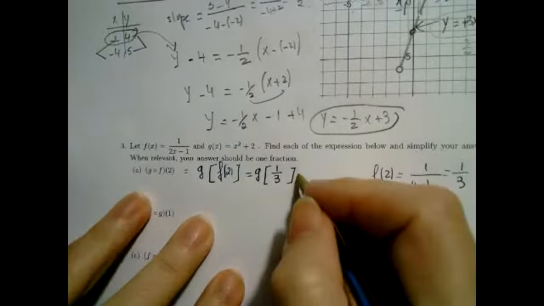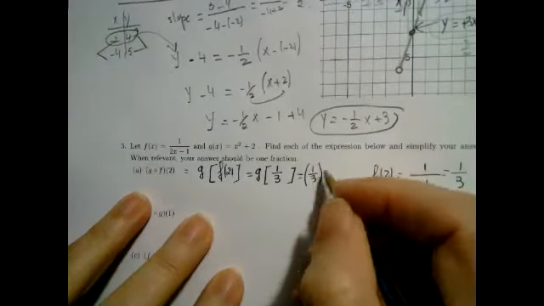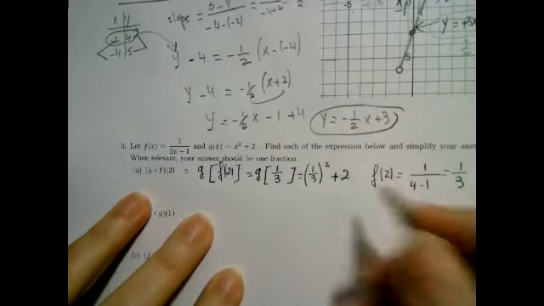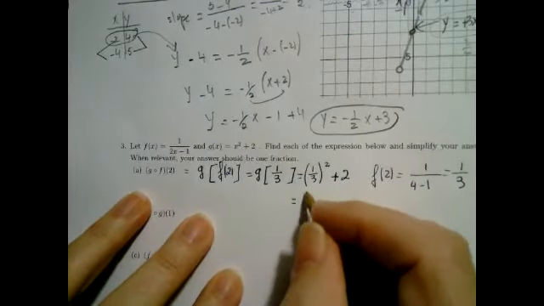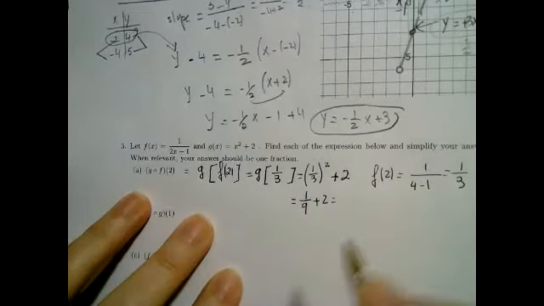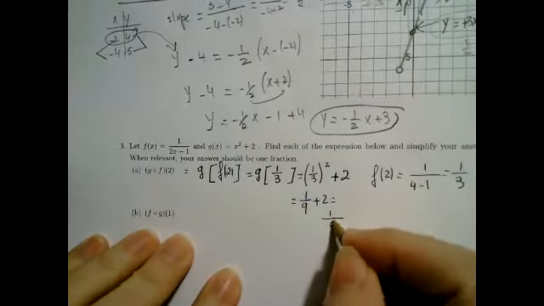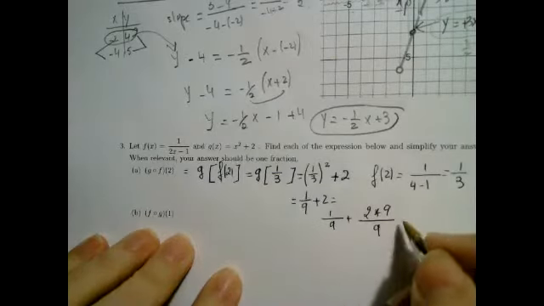Now what does G do? It takes your input to the power 2 and adds 2 to it. So it's going to give me 1 over 9 plus 2, common denominator, 1 over 9 plus 2 times 9 over 9.